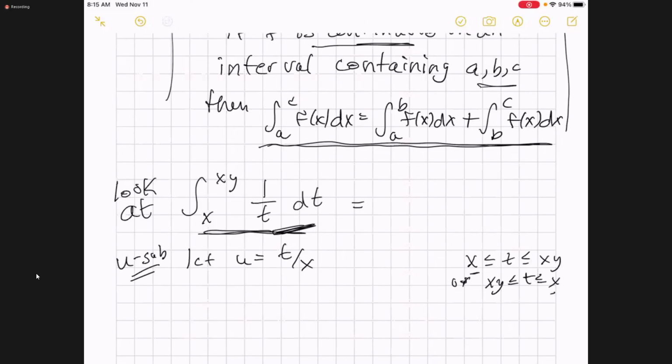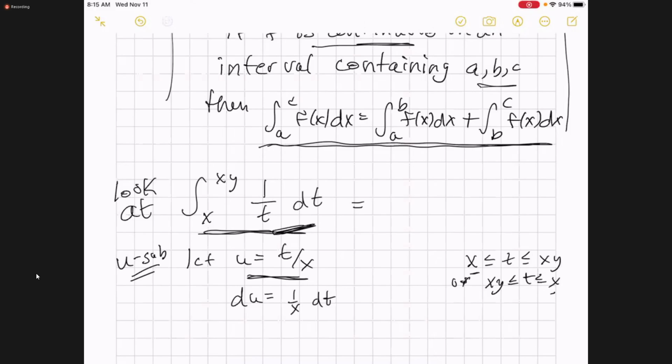So is y. All right, so if I let u equal t over x, then du is 1 over x dt, because the derivative of t over x, remember x is a constant, x is positive, so t over x is defined.